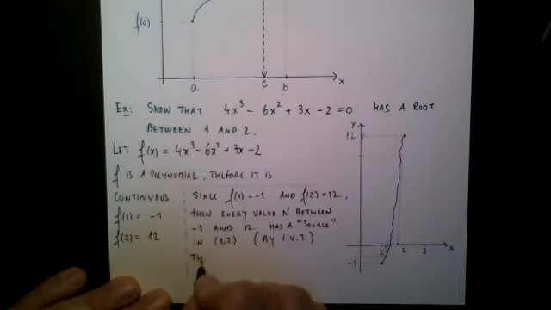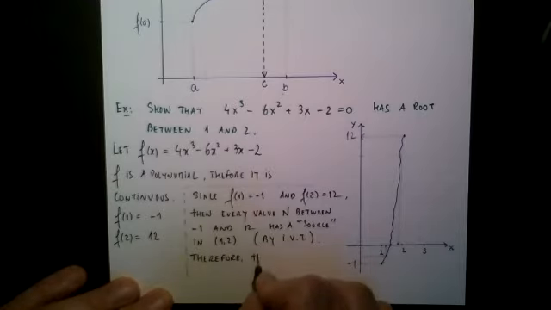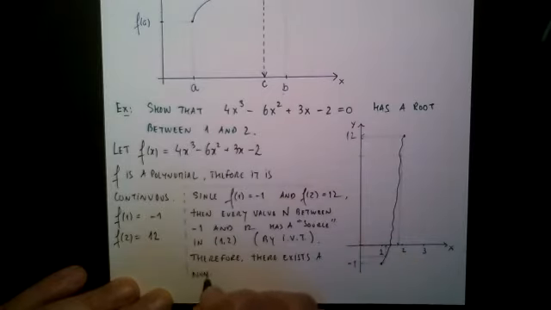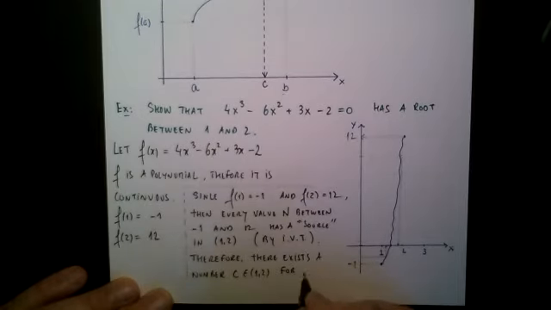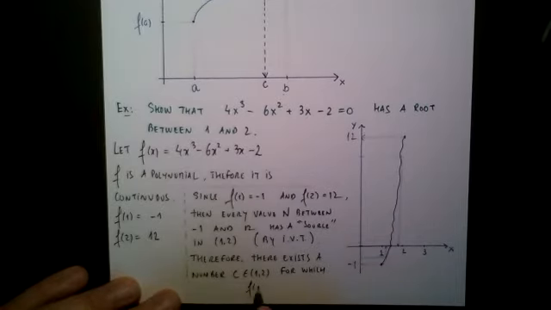Therefore, there exists a number C in 1, 2, for which f of C is equal to 0.